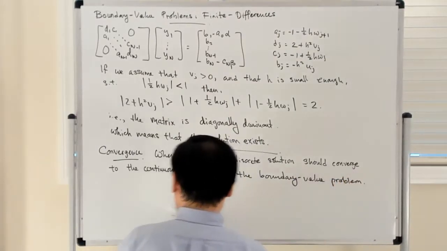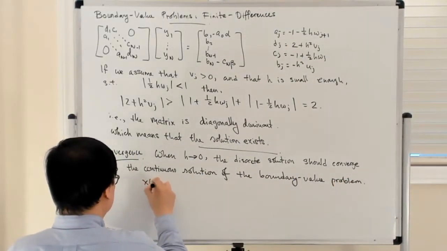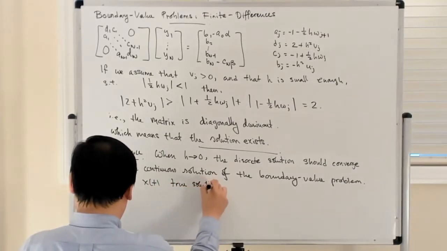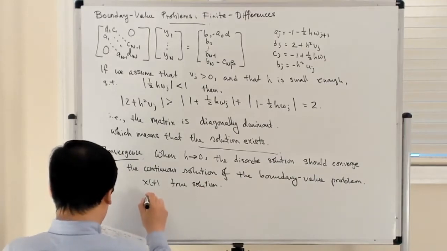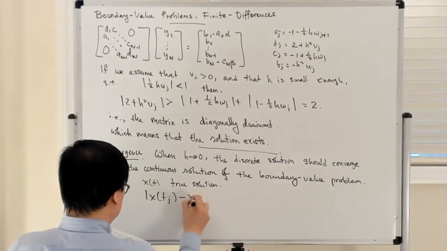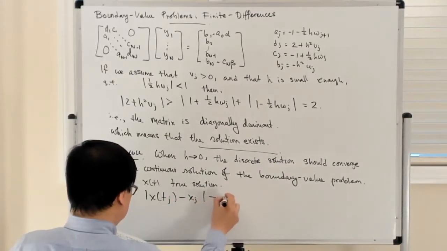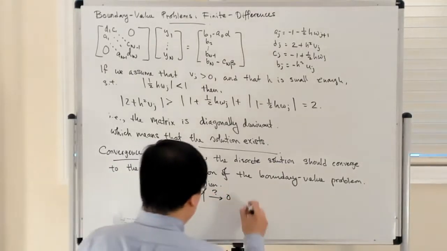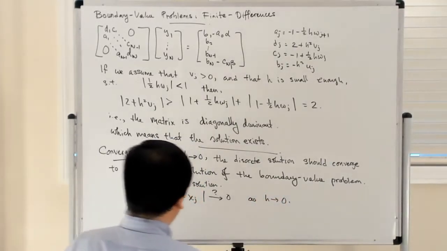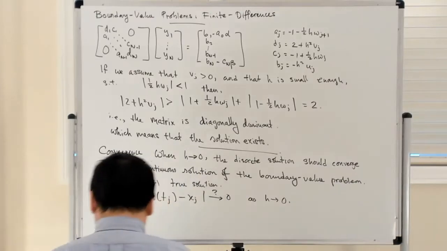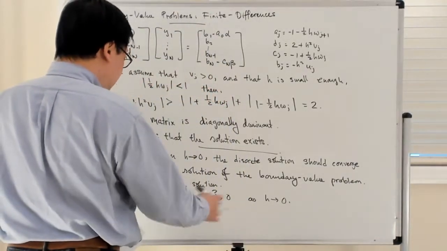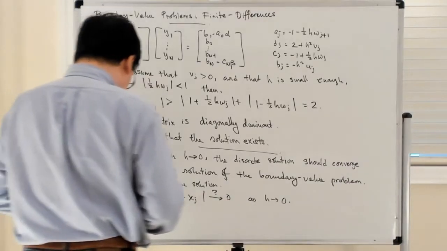So if x of t is the true solution, what you'd like to show, if possible, is that x at tj minus xj converges to 0. So you still have to check that as h goes to 0. Let's try to explore this question. You have convergence pointwise in this sense, as h goes to 0.